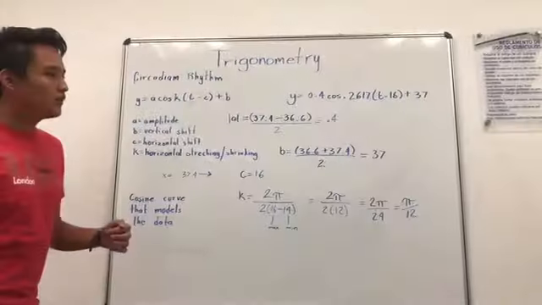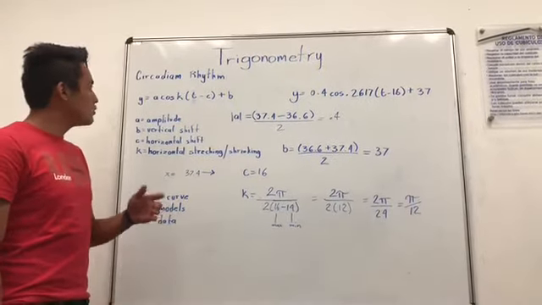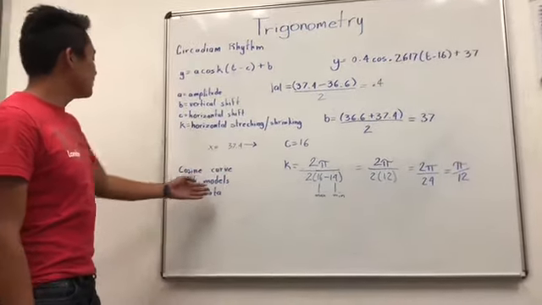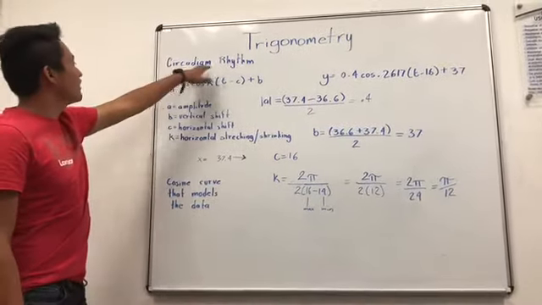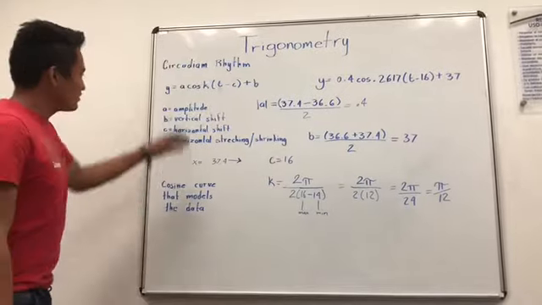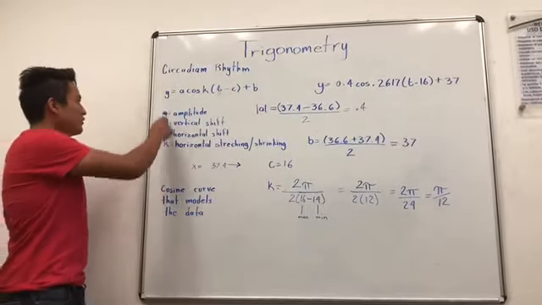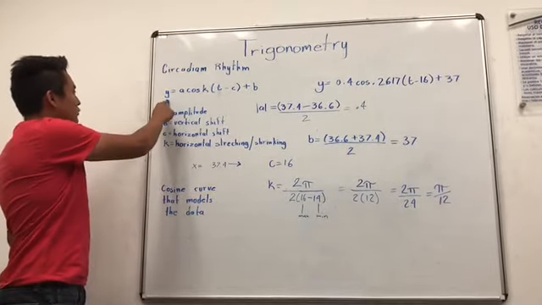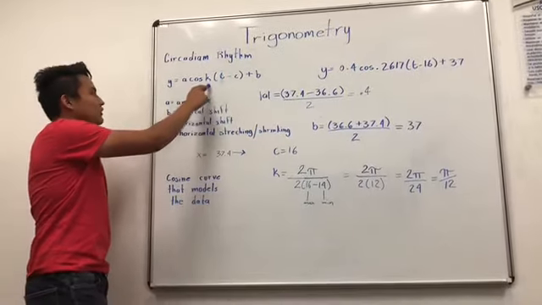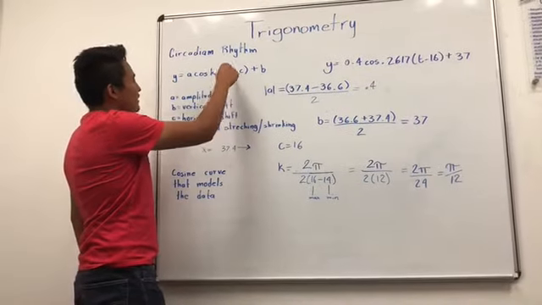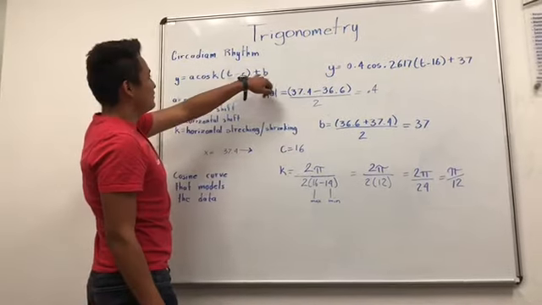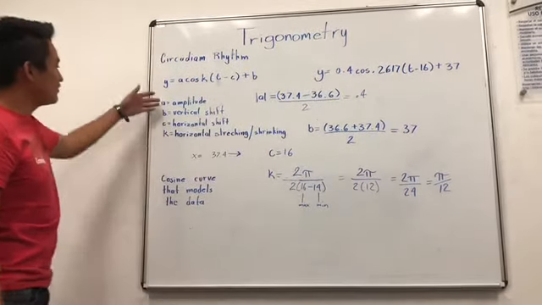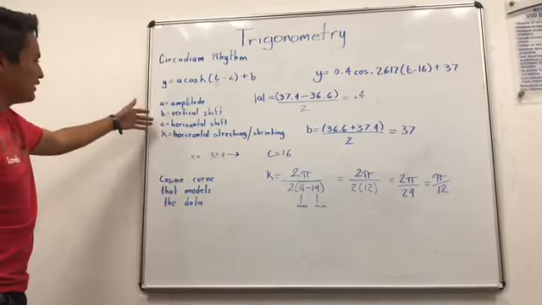Second part of the project was to find a cosine curve that models the data. The problem that we solved was circadian rhythm. In order to solve this, first we need to know that y is equal to a cos k (t minus c) plus b, where each of these letters means days.